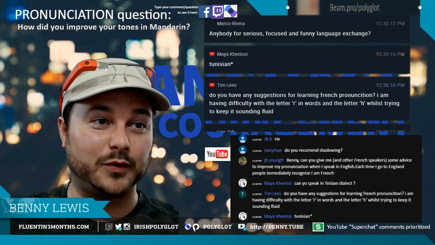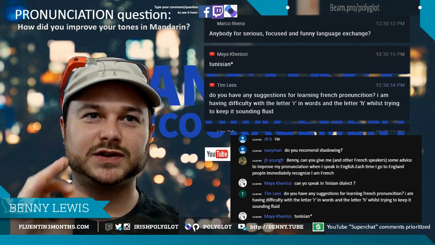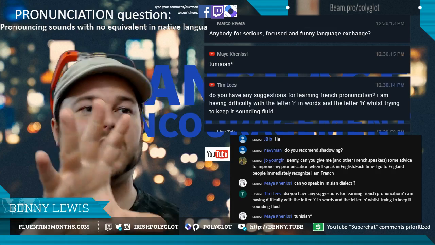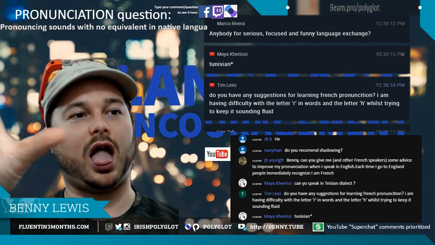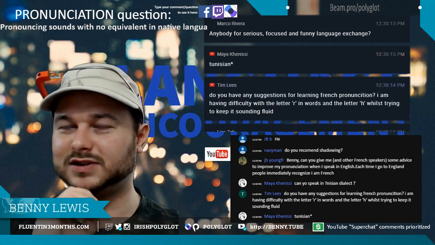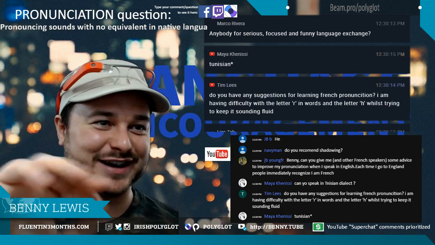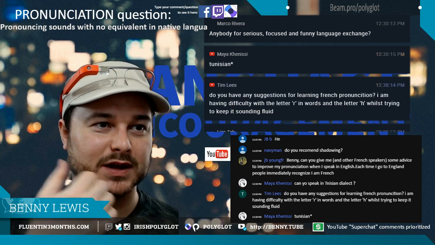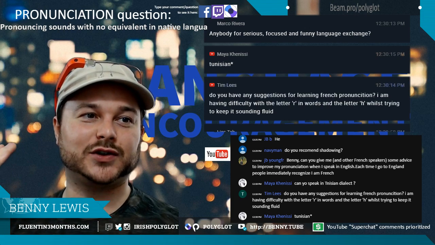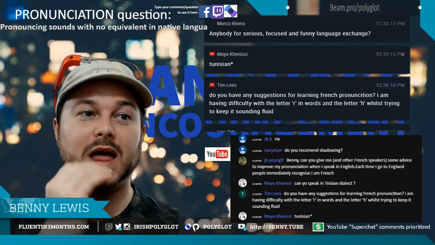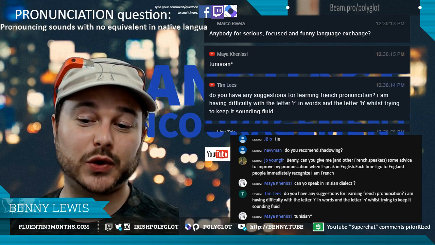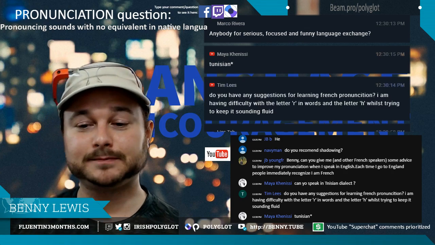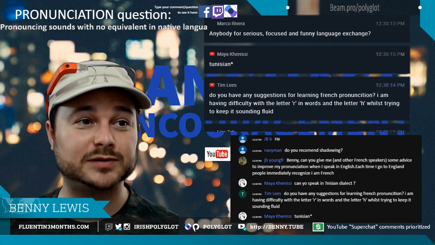I'm probably getting it wrong still, but I'm getting it better than I initially did, because in English, when we have a P at the end, crap, you have this plosive, a Daffy Duck exaggerated P. But in other languages, especially the likes of Thai, you actually have the P end, so it's like krap, and you don't make a following sound. So ultimately, there's a lot of sounds like that you just do not have in your mother tongue, and you just need someone to explain them to you.